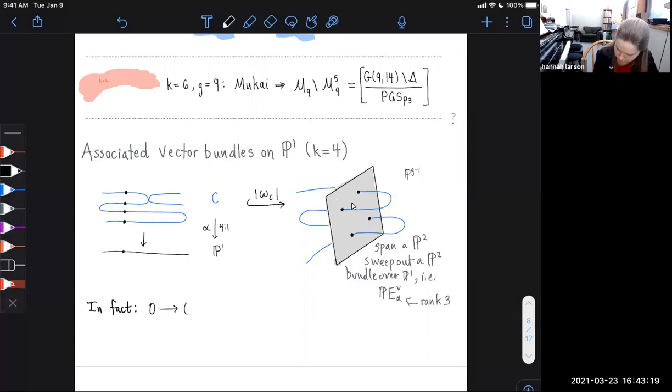There's a natural map from the structure sheaf of P1 to the push forward of the structure sheaf of C. And the alpha push forward of O_C is a rank 4 vector bundle.